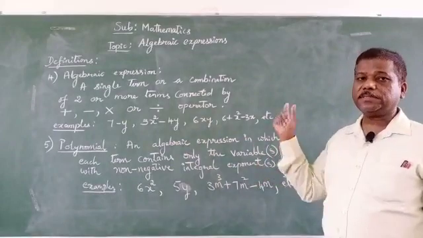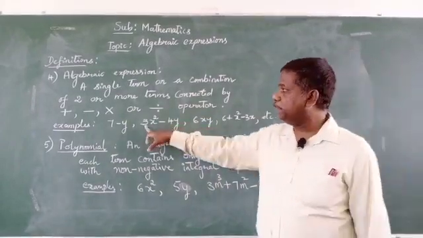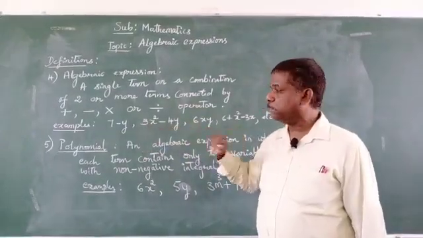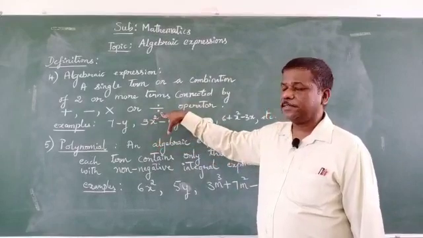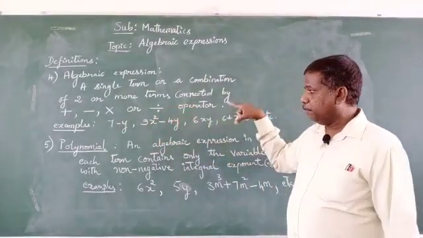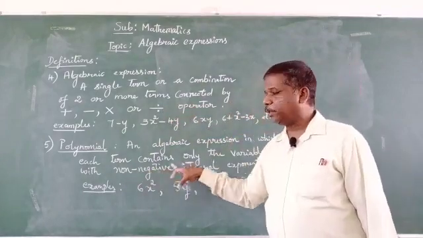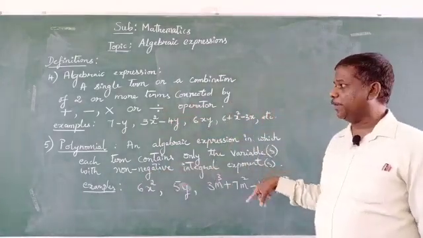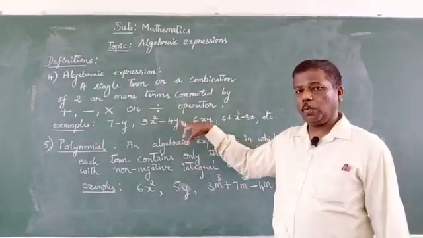Integral exponent means power. So here 3x square, x is raised to the power of 2, which is positive power, meaning it is a non-negative integral exponent.